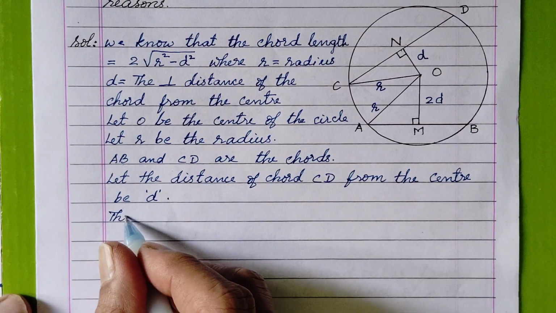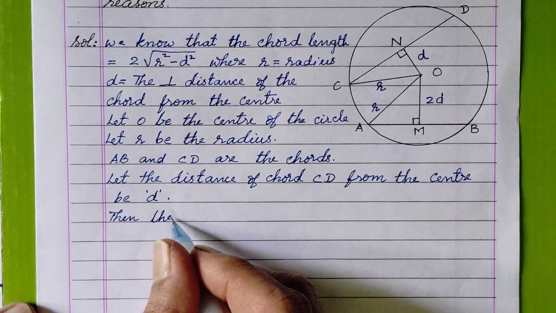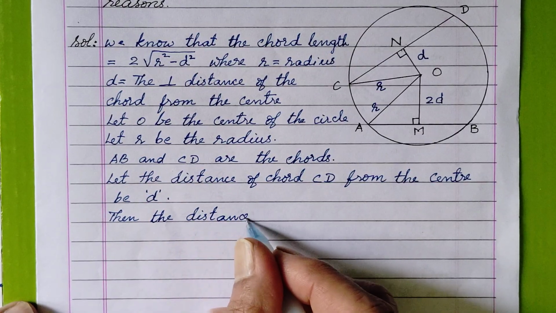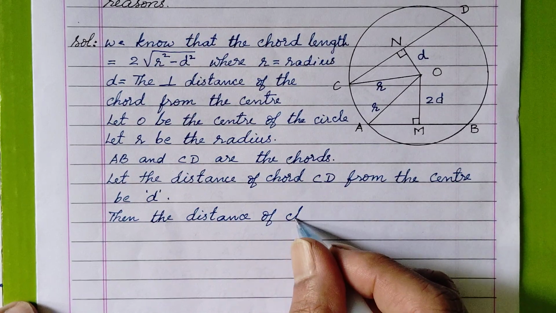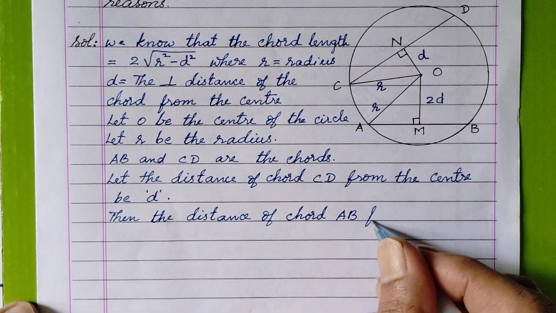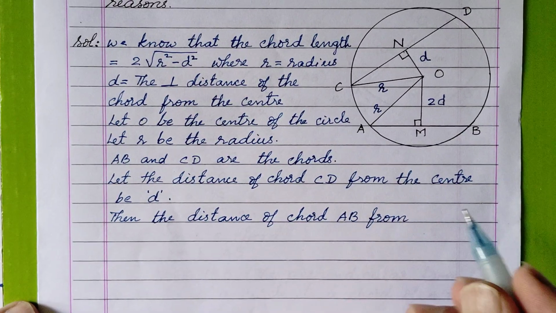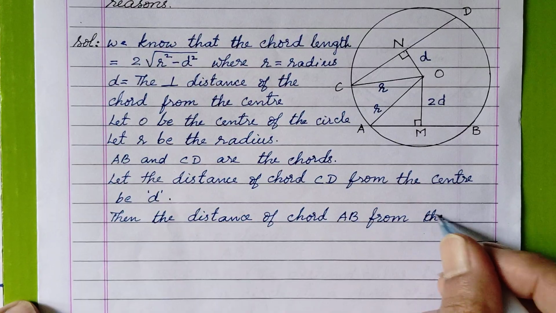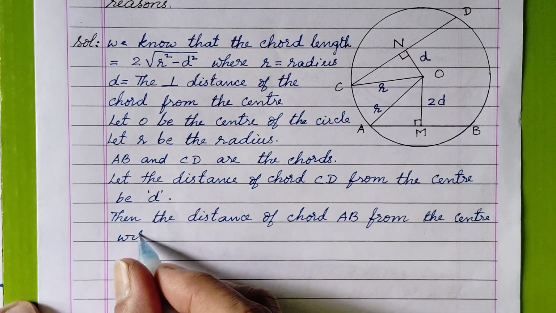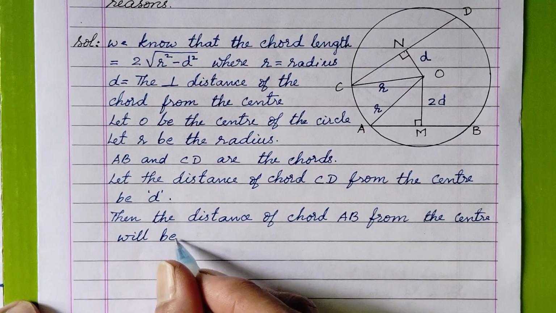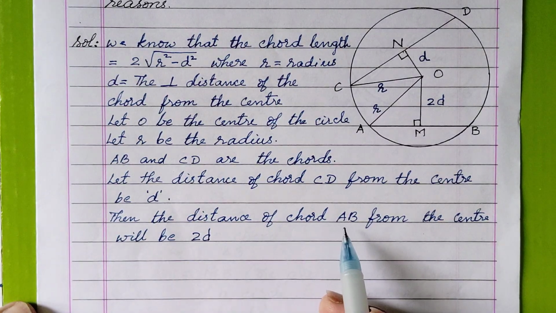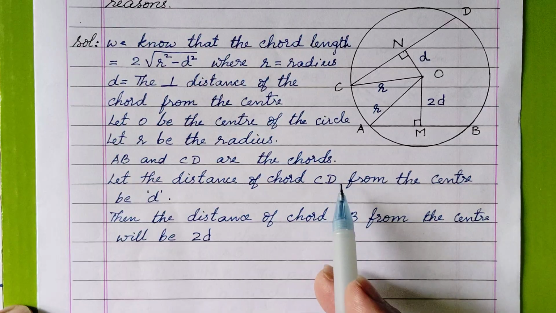Then the distance of chord AB from the center will be 2D, because the distance of chord AB is twice the distance of chord CD from the center.